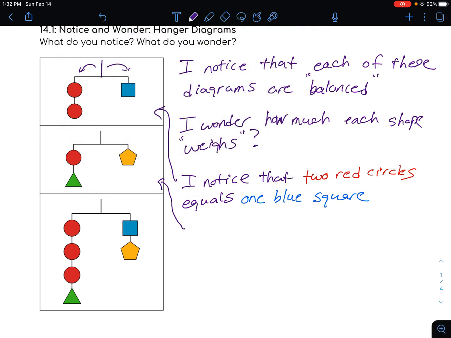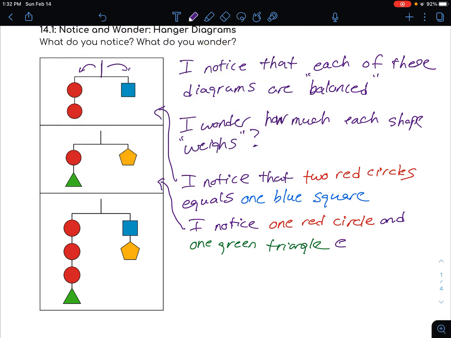And then in this diagram here, I notice one red circle and one green triangle equals one orange or yellow, whatever that is.